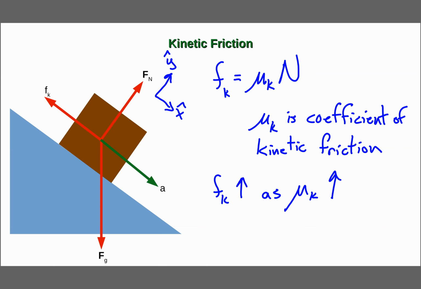Okay, so if I solved it in the same way that I solved the frictionless problem, now in the x direction, I would still have Fgx, but then in the minus x direction, I'm going to have this force of friction, right? And that's going to equal ma. And remember, when I didn't have friction, I just didn't have this term. So this term's always going to make A smaller. Okay, A is decreased by the force of kinetic friction.